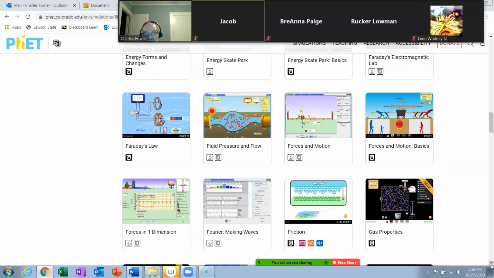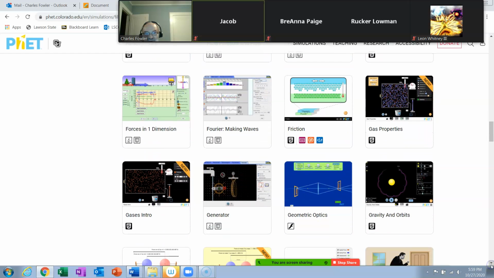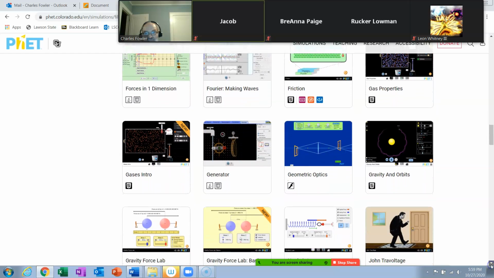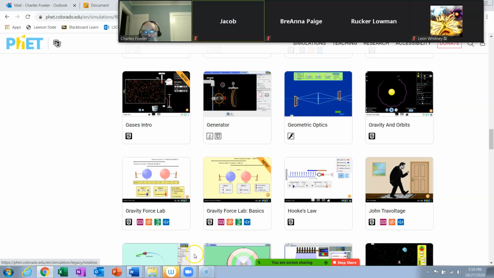Gravity and orbits. Okay, gravity force lab. This is the one right here. Gravity force lab, the basics. So if you want to click on that, you can. I'll go on and click on it now.